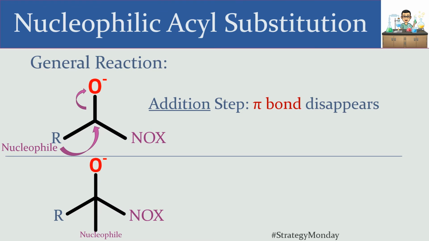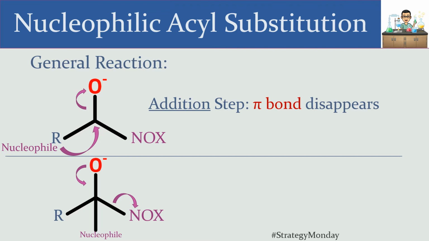Now, it's also called an intermediate because it's not going to last for very long. So that negative charge on the oxygen can move back down and reform that pi bond. Now, when it does, something has to give because carbon can't make 5 bonds. And so the NOx group is going to act as a leaving group.